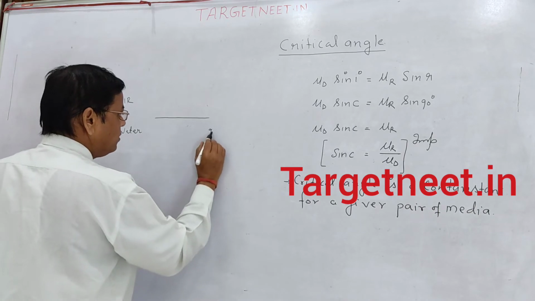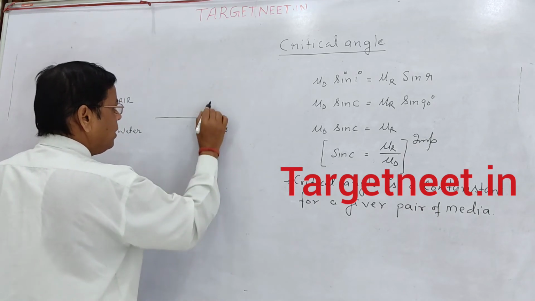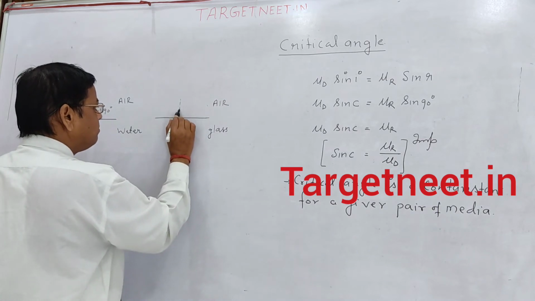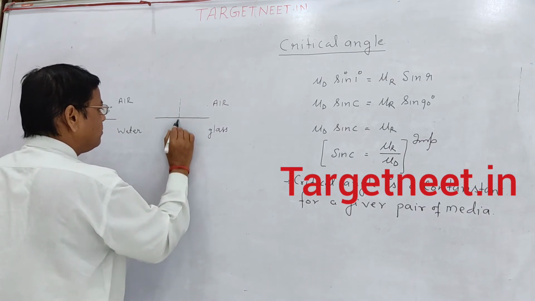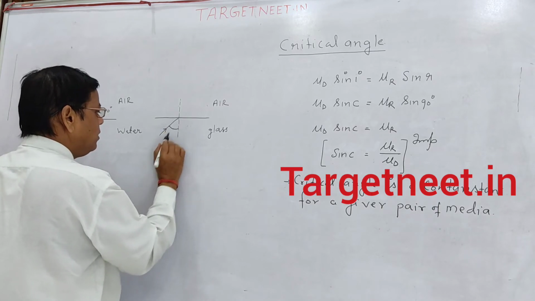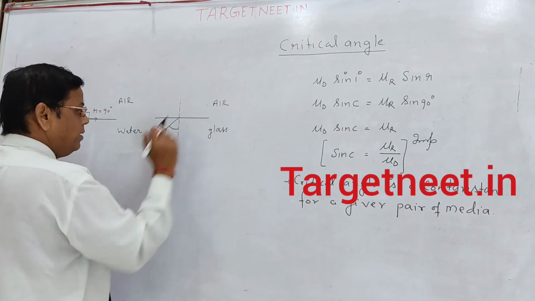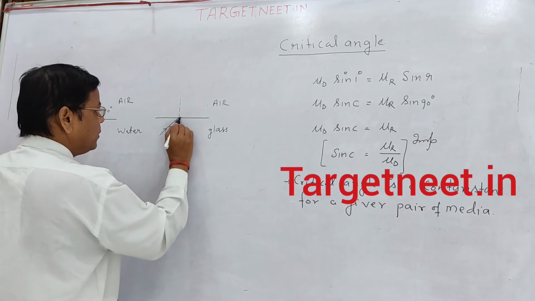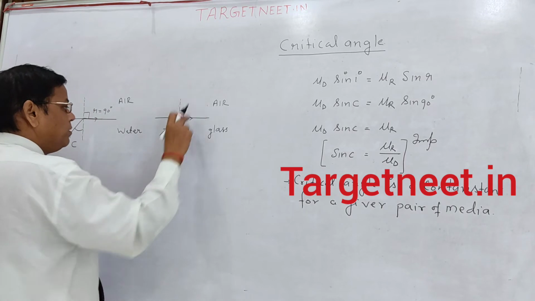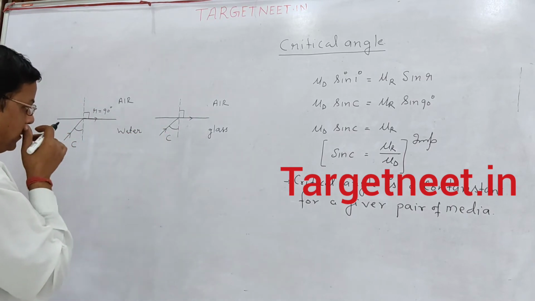Similarly, suppose this is glass and this is air, and light is going from glass to air. So this is the critical angle. Glass is denser than air. This is the angle of refraction. So for this given pair of media, critical angle is a constant.